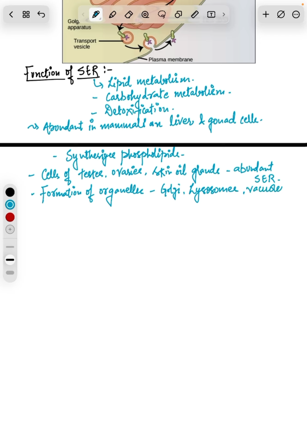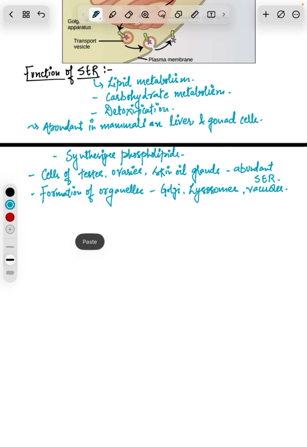SER also takes part in the formation of organelles. Means the SER produces Golgi apparatus, lysosomes, and vacuoles. SER is the main site where Golgi apparatus, lysosomes, and vacuoles are formed.